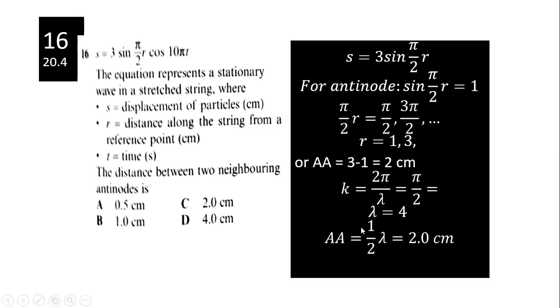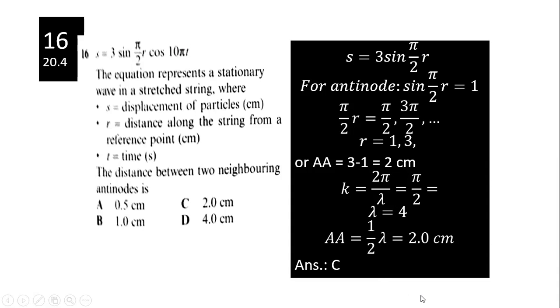That's an alternative method. You can either do 3 minus 1 is 2 cm, or you can use K. You have to know that from node to node is half lambda. So either method, whichever is easier. You need to remember that antinode to antinode is half lambda. Then from K, calculate your lambda.